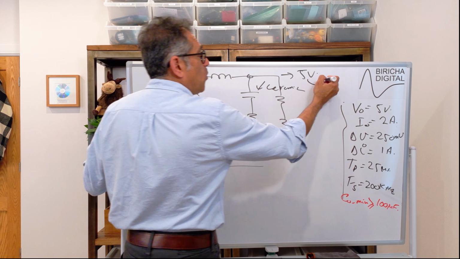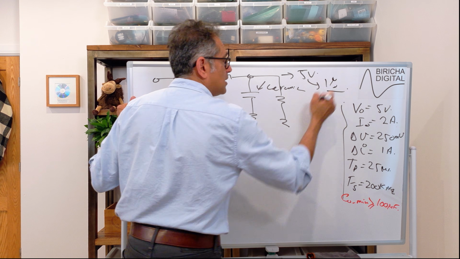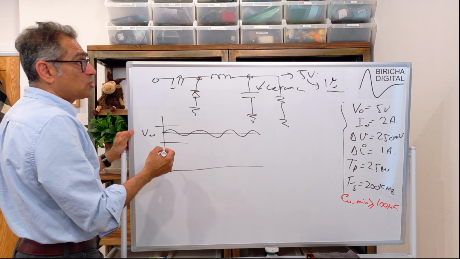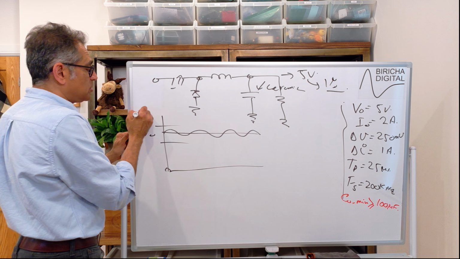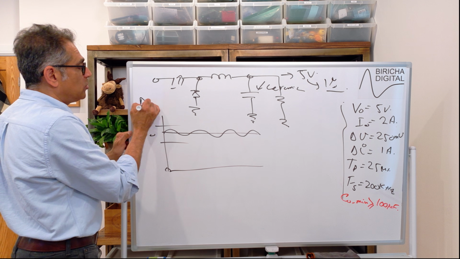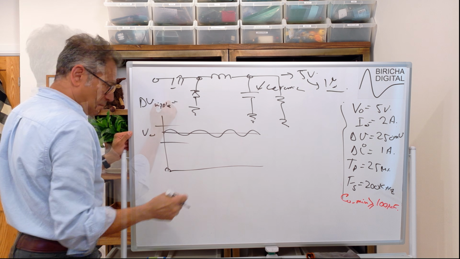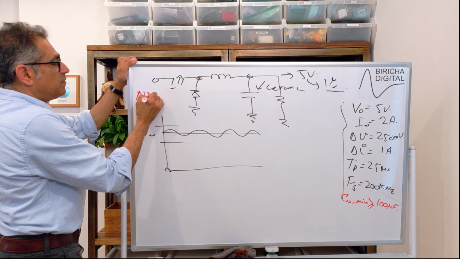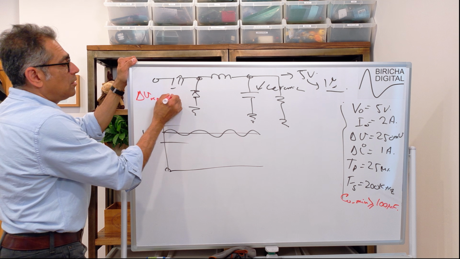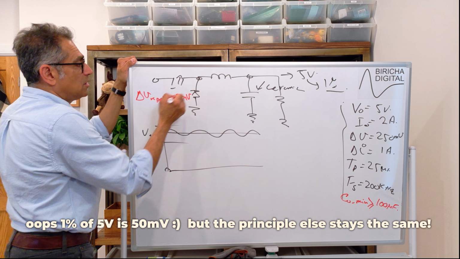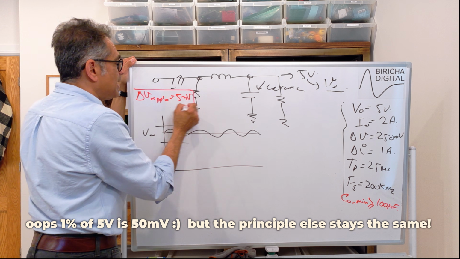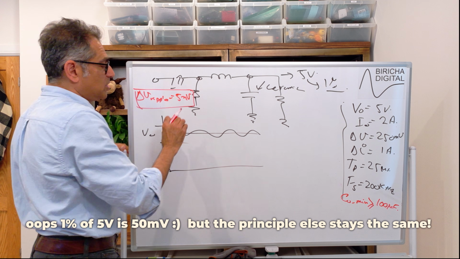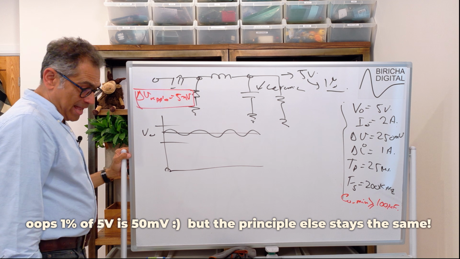If not, 1% is not a bad value. So 1% of 5 volts would be this ripple. I'm going to call this delta V ripple now. Let me use a different color. Delta V ripple of 5 millivolts. So I need to attenuate the total ripple so that it's less than 5 millivolts.